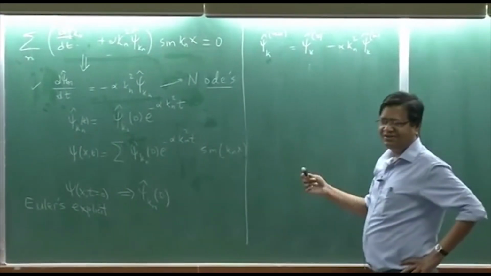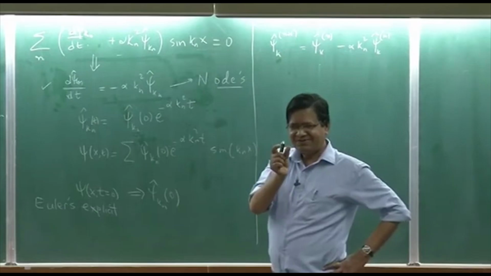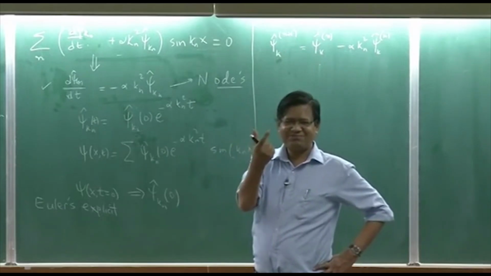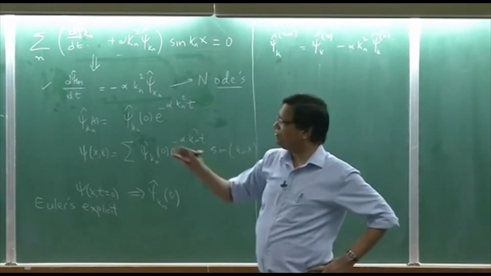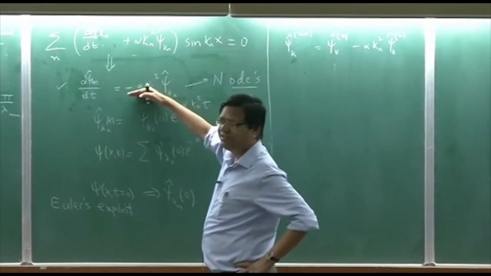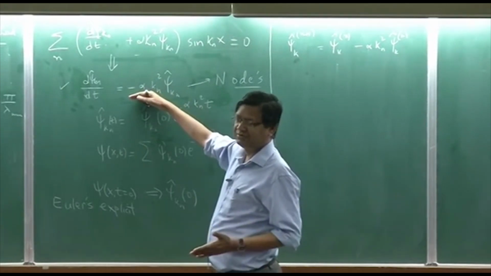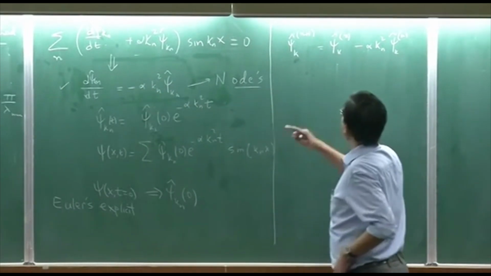Spectral means I am breaking into different spectrum, like the prism spectrum, that's what we do. So I have broken into different spectrum. These are equations for different wave numbers, or different colors of light, if you like. Okay, so we are solving this.